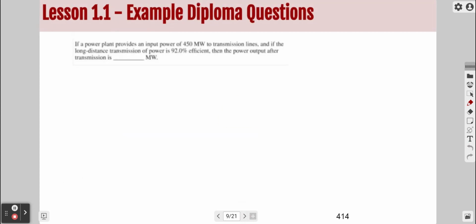All right, another example question. This is on efficiency. The power plant provides an input power of 450 megawatts to transmission lines, and if the long distance transmission of the power is 92% efficient, then the power output after the transmission is blank. So we're going to write our percent efficiency calculation.